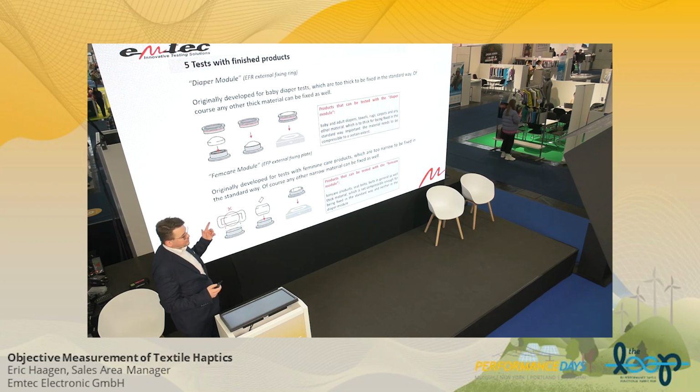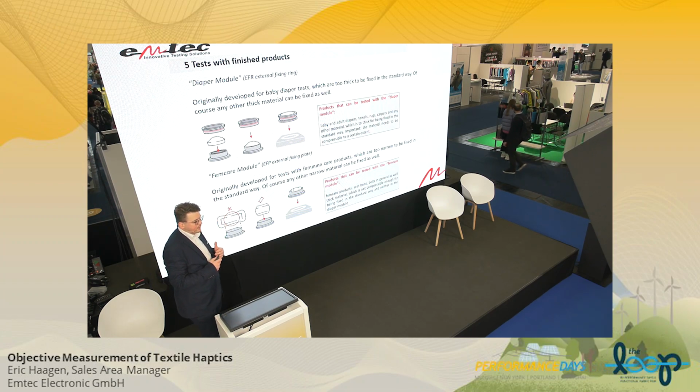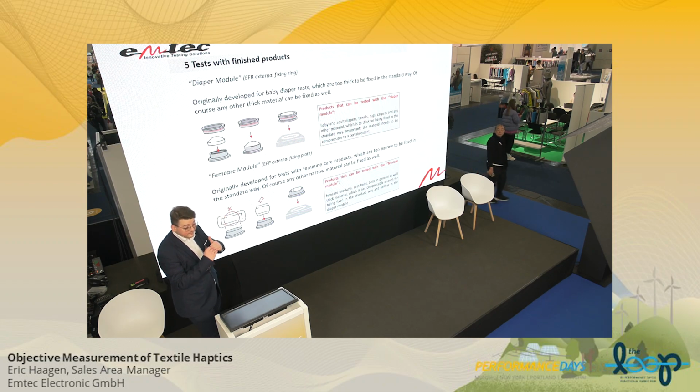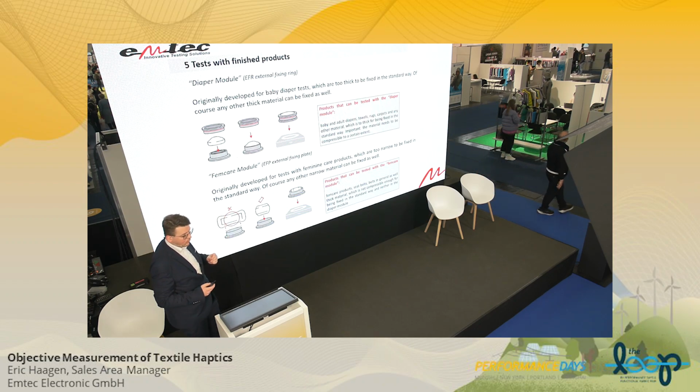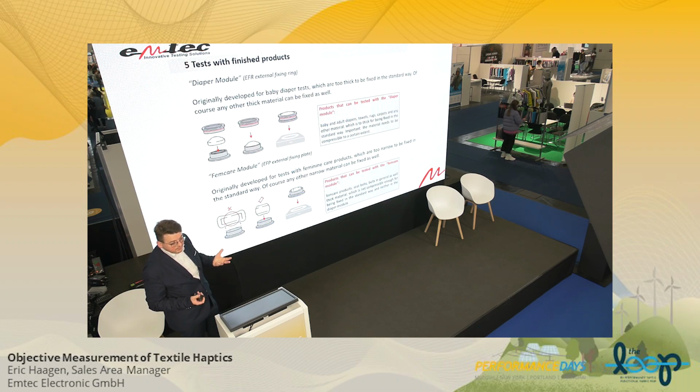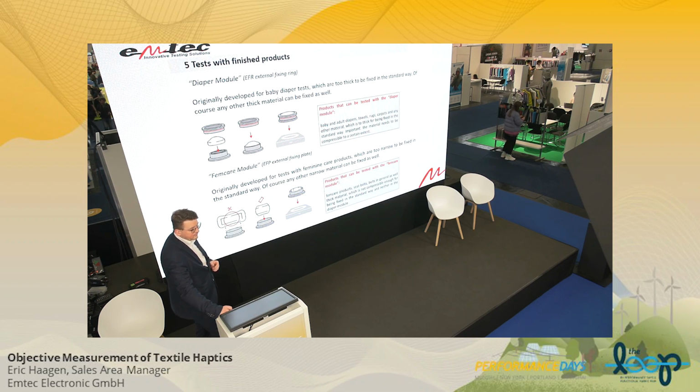And we also provide additional modules to measure, for example, the compressibility of the material, or the crumple ability of the material, which correlates to the drape. So you can see the device is very flexible, and has a very wide range of use.